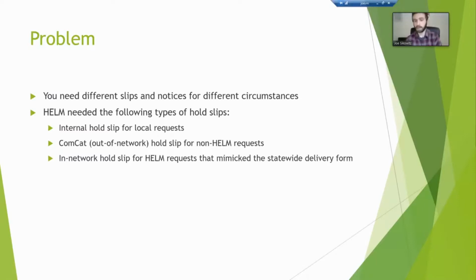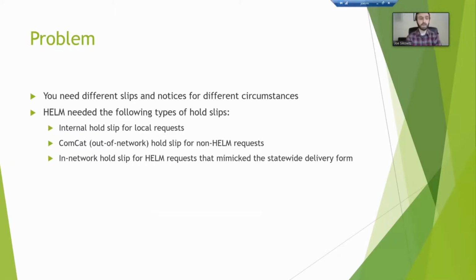The first one was an internal hold slip, so that was for items that were remaining at the library. We also needed slips for ComCat, and ComCat stands for Commonwealth Catalog. That is a statewide, more or less ILL service, and so we needed slips indicating that items were going to go to ComCat for those requests.